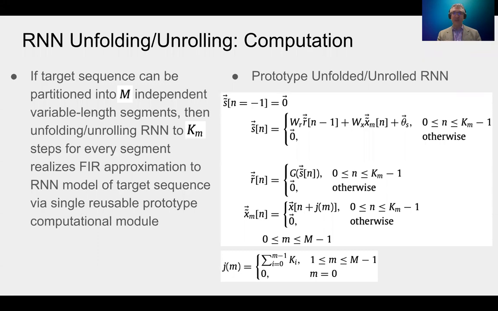In the equations describing this prototype unfolded or unrolled recurrent neural network computational module, we use the tilde symbol to emphasize the fact that the registers used to store the indicated signals are reusable across all segments.